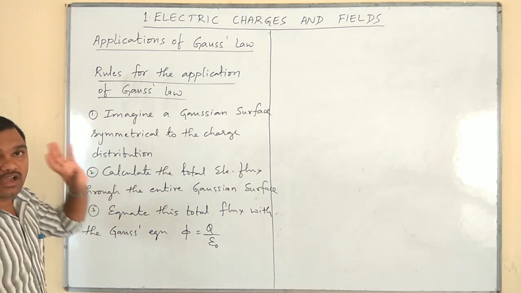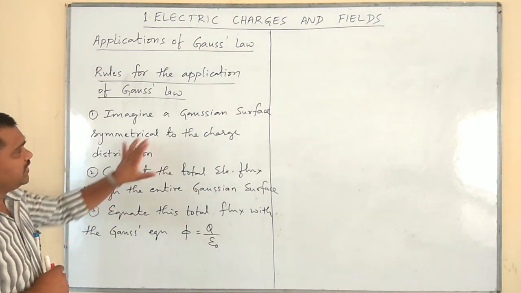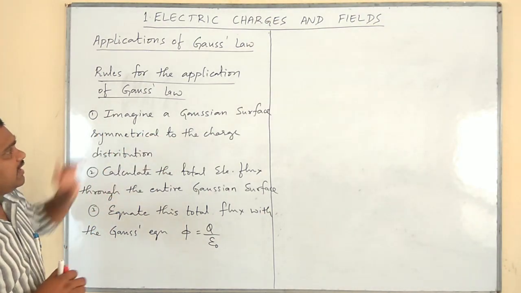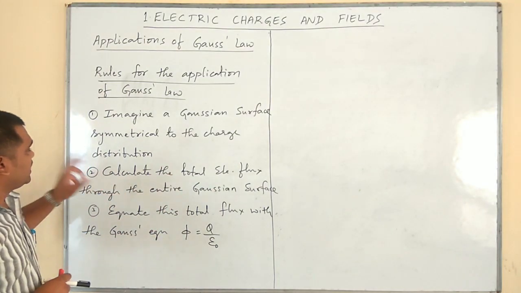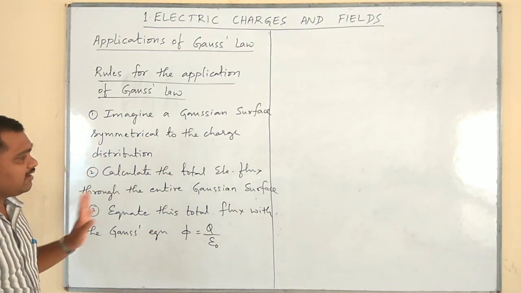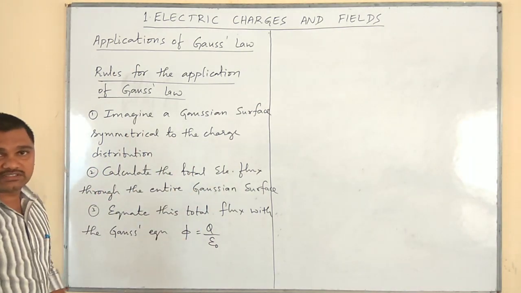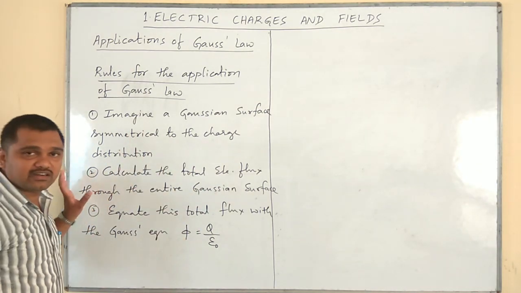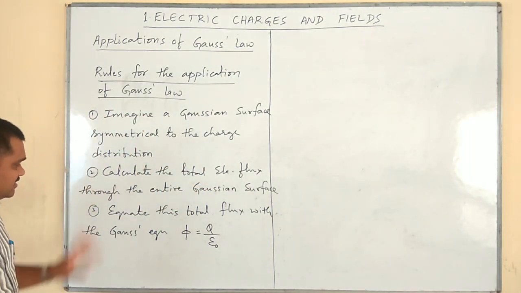First, we have to imagine a closed surface symmetrical to the charge distribution. Imagine a Gaussian surface, which has to be a closed one. Next, calculate the total electrical flux passing through that closed surface, the Gaussian surface.